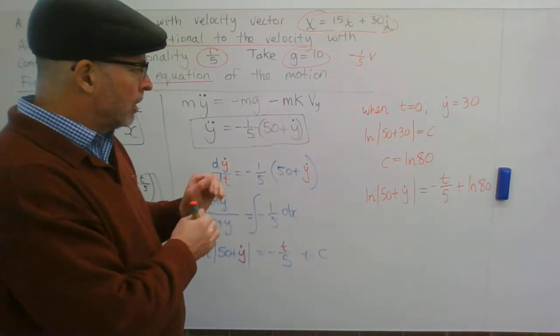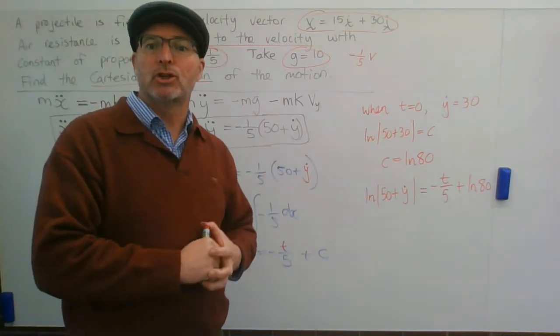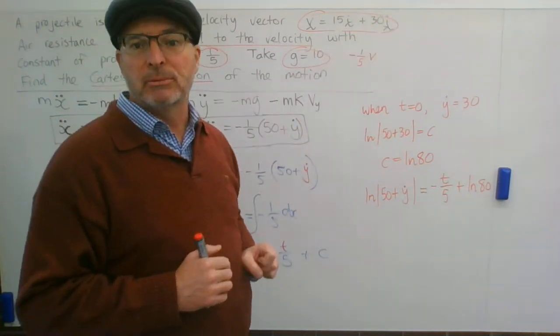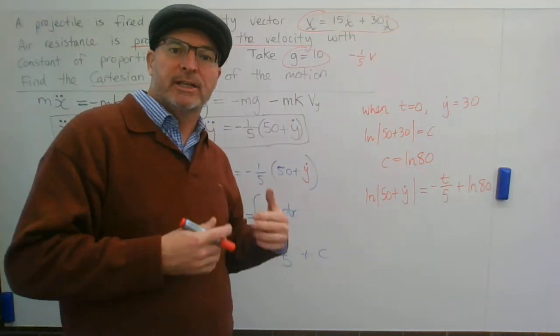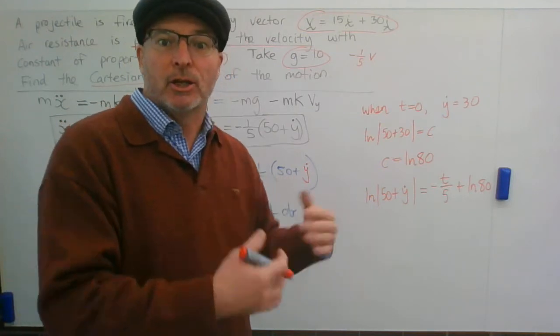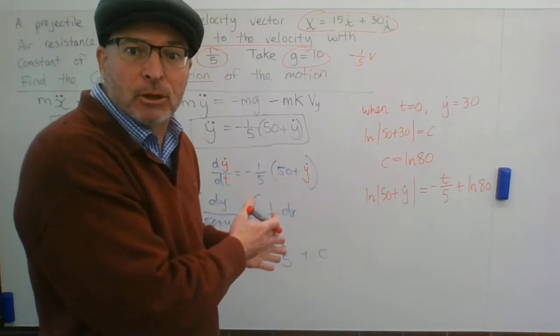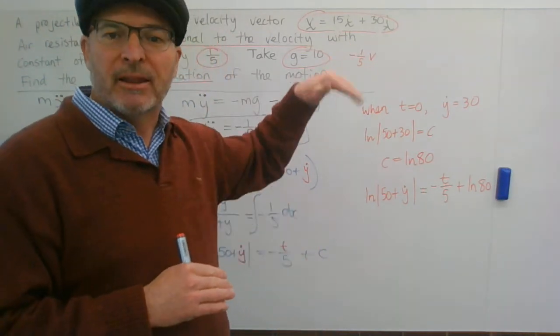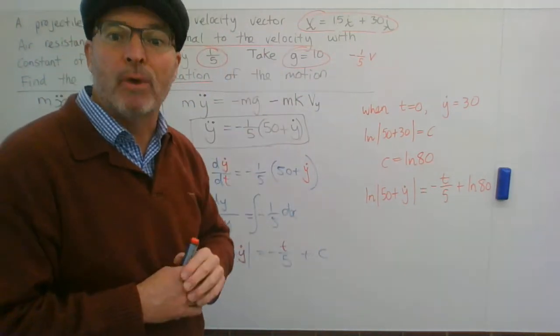So what am I going to do about that to be sure that I can remove those absolute value signs? Given that I know the velocity is positive all the way up to the top, when I do this calculation I'm about to do, I can assume that I don't need the absolute values, because I'm going to worry about just the first part of the flight, up till it comes to rest.